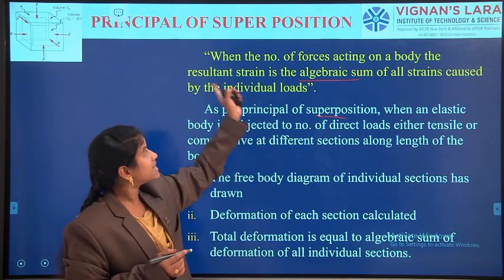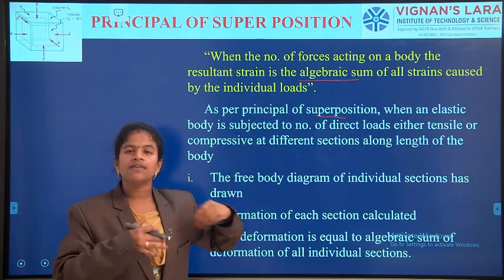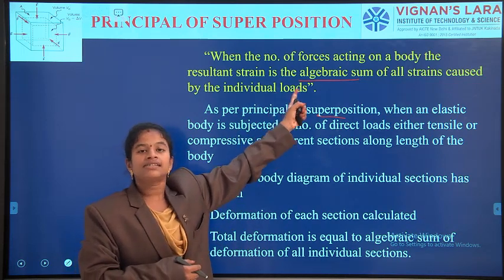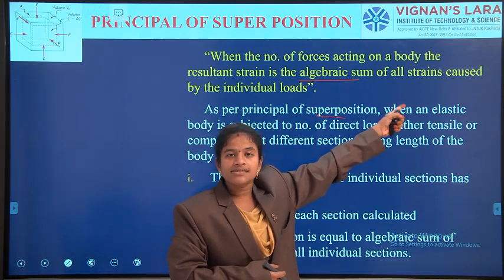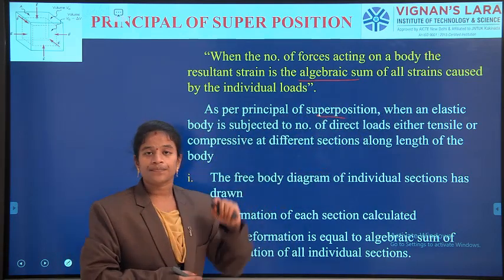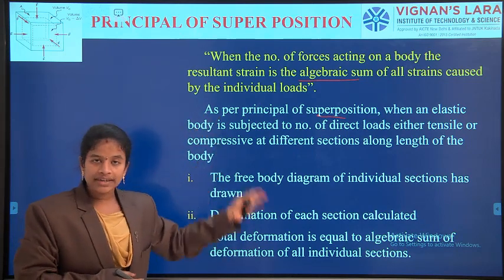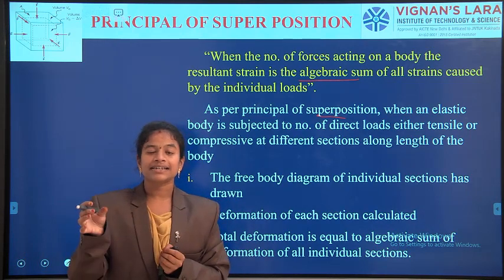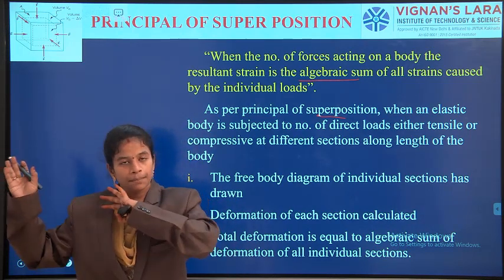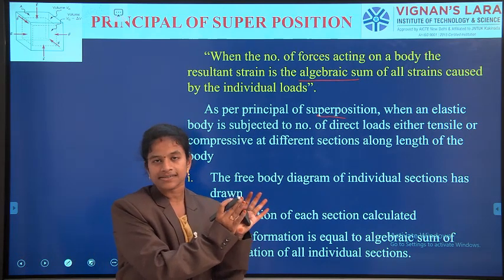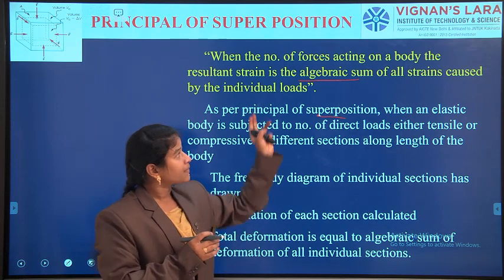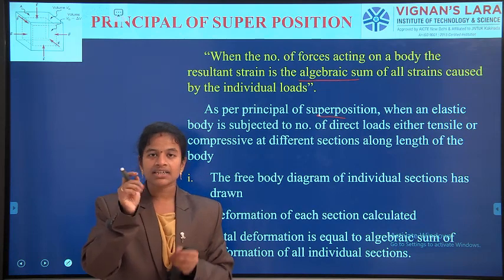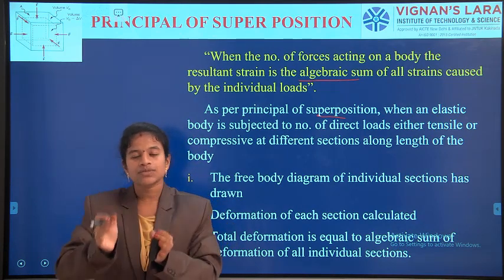Now, the resultant strain is nothing but the final strain of the body. It is the algebraic sum of all the strains caused by individual loads. We will get this condition when we are solving the problem. Resultant means, after completing all the steps, the output strain, calculated from the algebraic sum. Algebraic sum means when a value has a negative sign, we keep that sign and sum up.